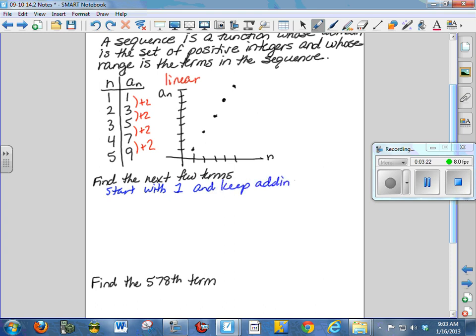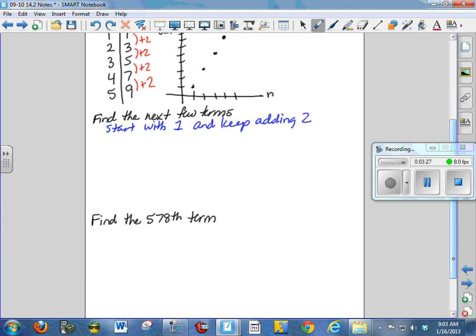So when we do that in a mathematical and symbolic way, to start with 1, we say a sub 1 is equal to 1. So that means start with 1. And then for n greater than or equal to 2, we need to add 2 to the previous term.